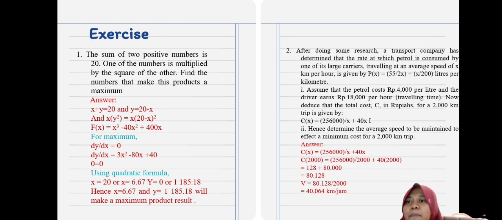Exercise 1. The sum of two positive numbers is 20. One of the numbers is multiplied by the square of the other. Find the numbers that make this product a maximum.